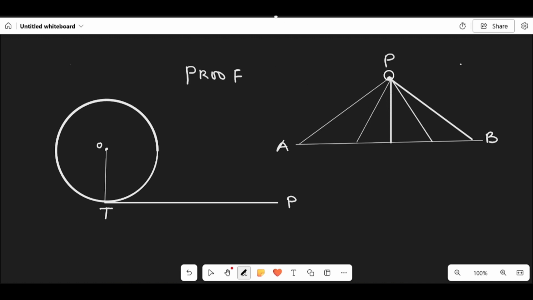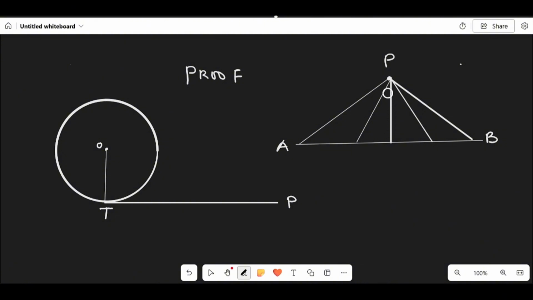Now let us consider this little diagram. This is our point P, this is our line AB, and we connect point P with our line AB with different lines. This is the first one, second, third, fourth, fifth. And by inspection, you can agree with me that the shortest distance between this point and this straight line is this line.